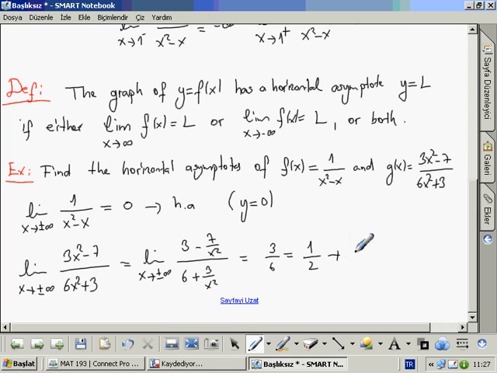And y equals 1 over 2 is a horizontal asymptote of the function.